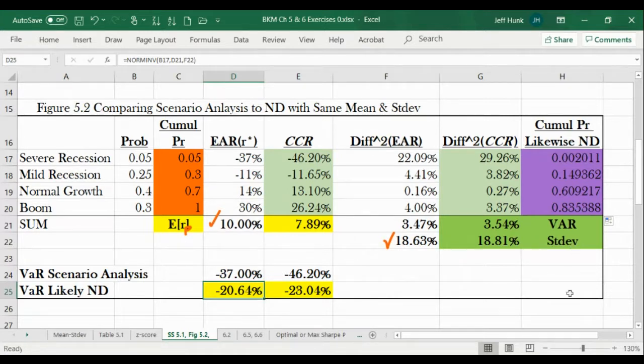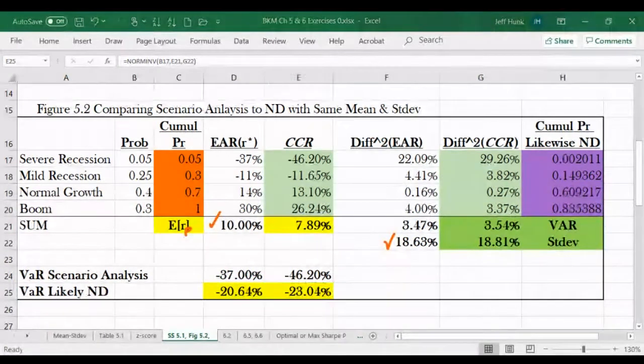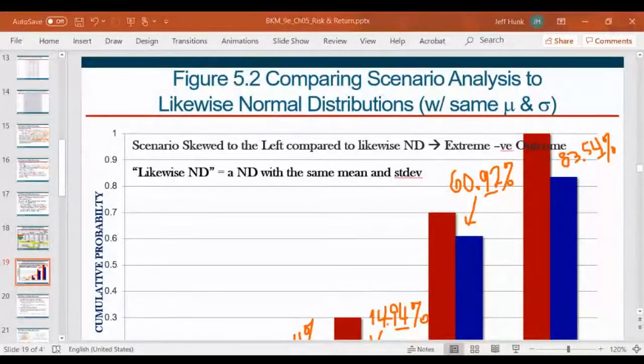Okay, so graphically, what that means is, let me go back here and stop sharing that and share the PowerPoint, and it should appear in your. I just found it. Yeah, it's there.